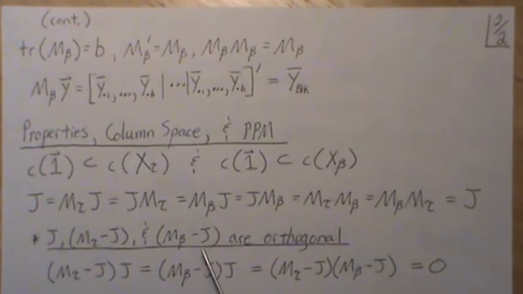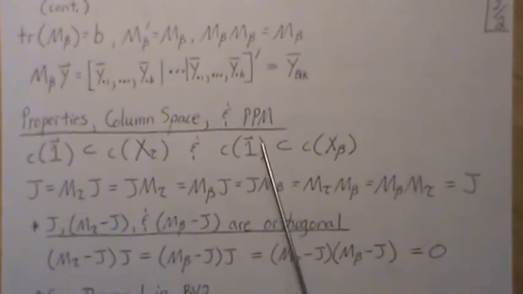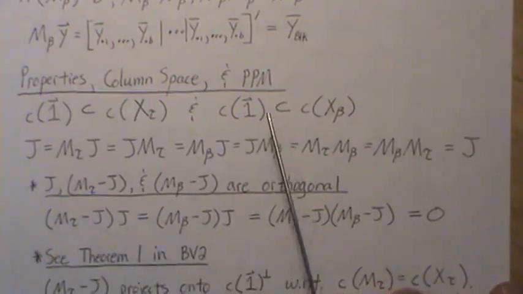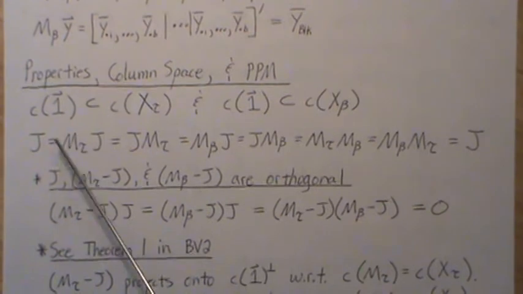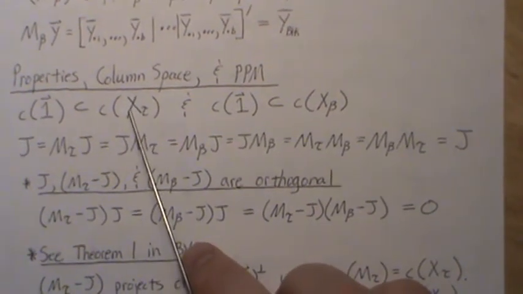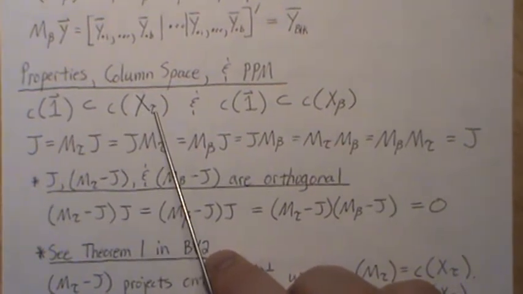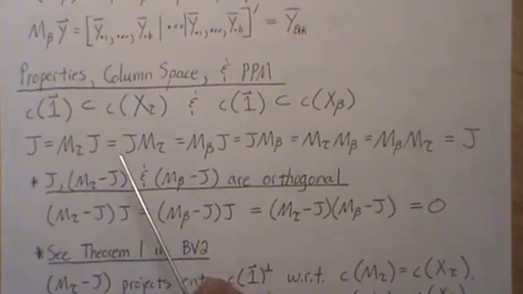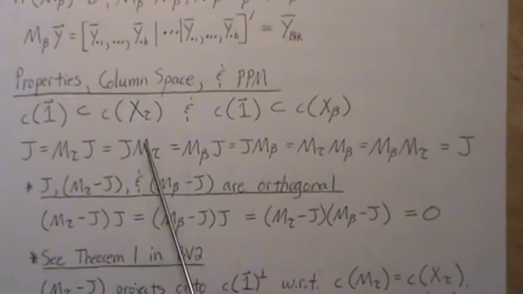Now the properties of the column spaces and perpendicular projection matrices are this. Note that the column space of 1 is a subset of the column space of X tau. And you can see that if you add each of these columns of X tau, you get the 1 vector. So this is a subset of that.